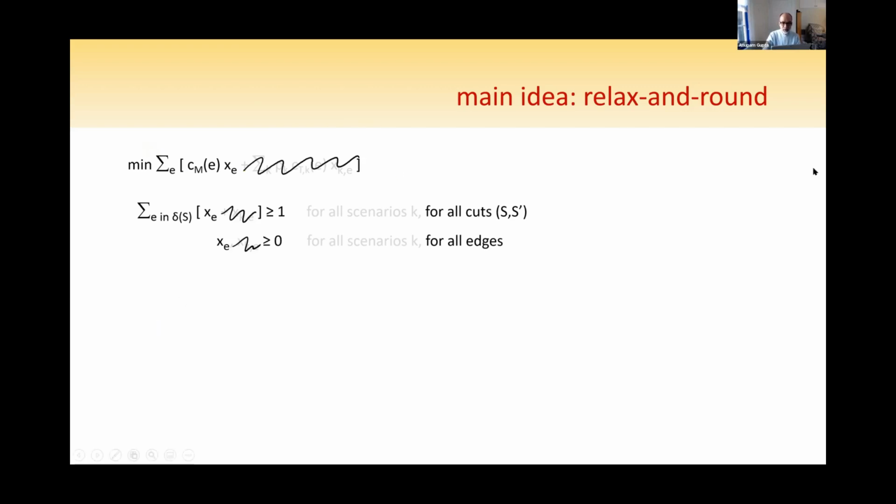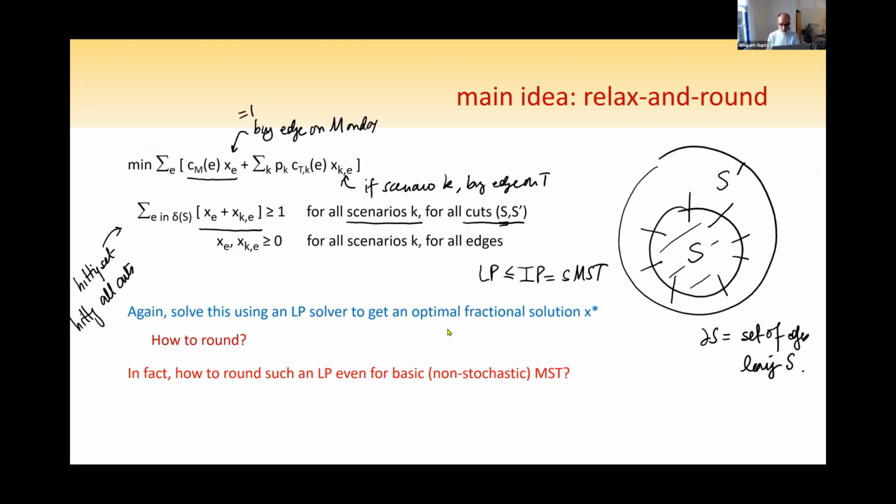There's a question that says, how do we use the LP solver if there are an exponential number of constraints? Excellent, thank you. There are two answers to this, at least.